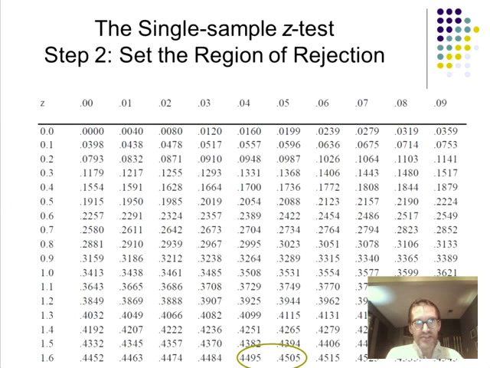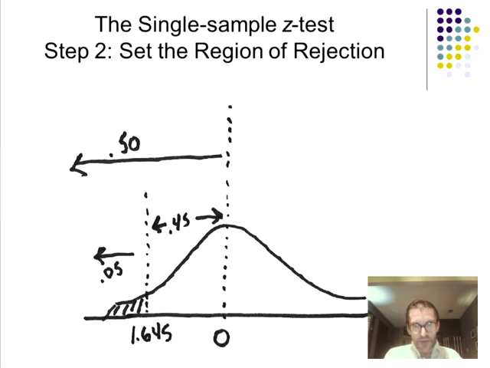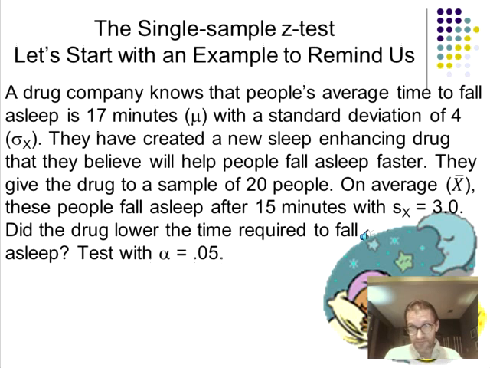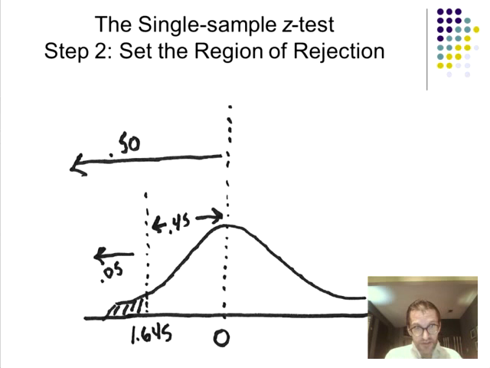Step two, let's set a region of rejection. Alpha equals 0.05, one tail. Since we're looking for faster, we're looking for a smaller mean, smaller than the average, right?